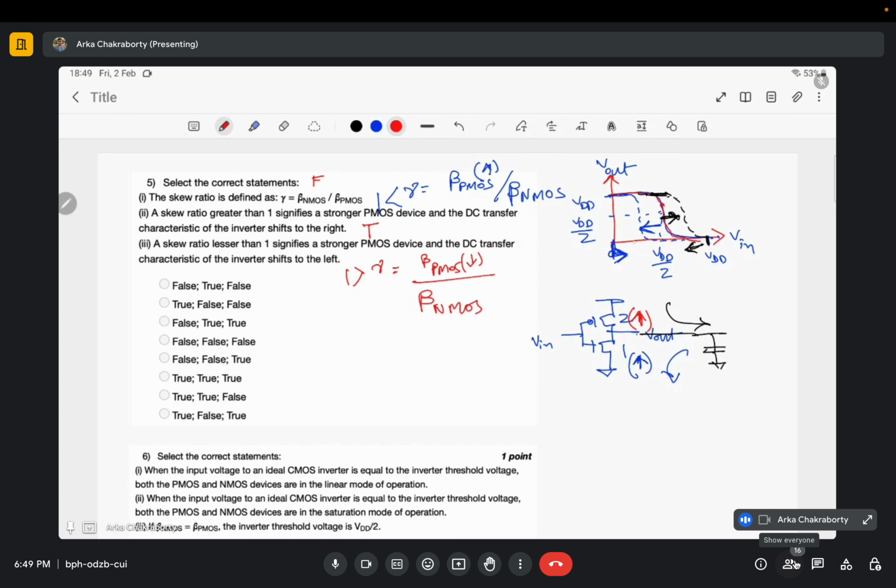So NMOS is much stronger, so it will shift to left hand side, right? But here it is saying PMOS is stronger. No, PMOS is weaker. Inverter shifts to left, it is correct, but PMOS is weaker than NMOS, so it is false. So the answer is false, true, false.